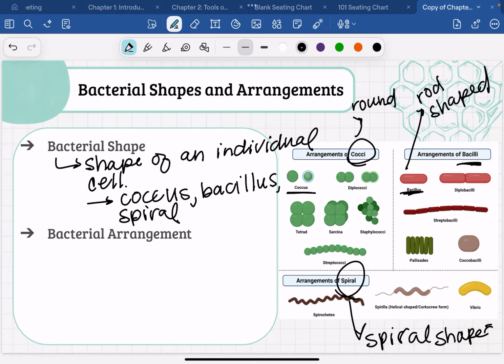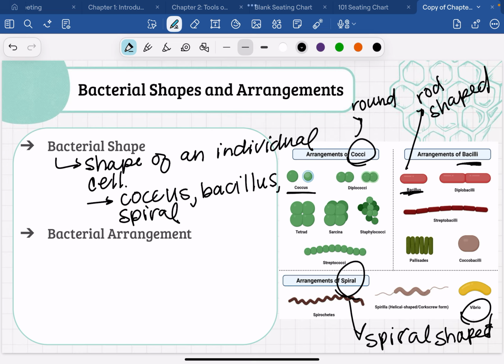Some of them can be what we call vibrio, which is kind of a comma shape, but again, the only 3 that you have to remember are coccus, bacillus, and spiral. So coccus is circular or spherical, bacillus is rod-shaped or elongated, and spirals are spirals. They can either be curvy, sometimes like corkscrews, sometimes just curvy, but they form some kind of spiral.